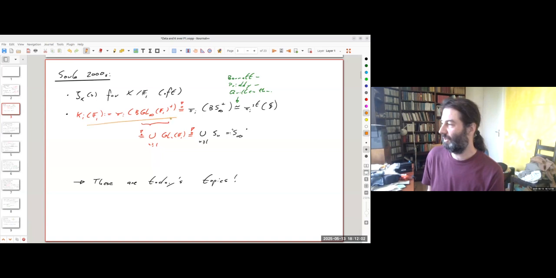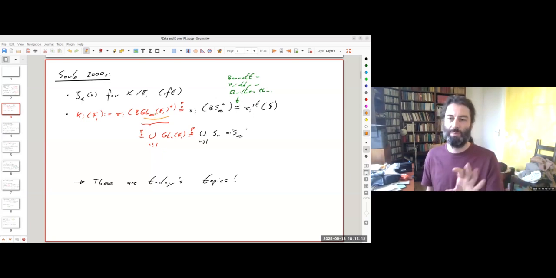We could try this definition. But this GL_infinity of F1 is something that we just write down. It's not defined, but if you remember in the last slide, we talked about GL_n(F1) according to Jacques Tits.